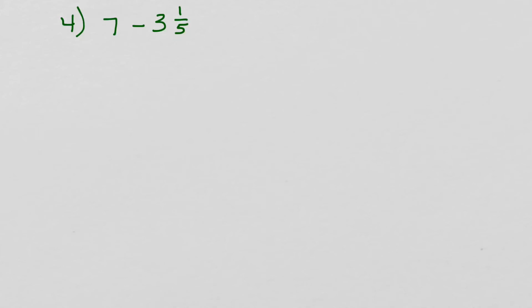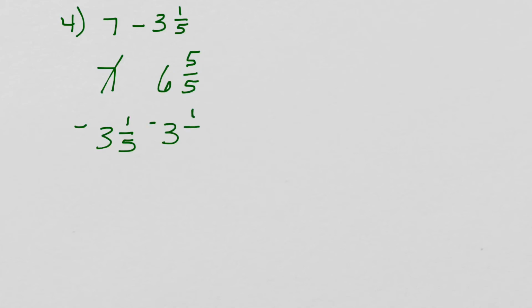Now to do this problem, 7 minus 3/5, there's 2 different ways of doing it. The first way is to do 7 minus 3 and 1/5, and that's to simply know that 7 can be rewritten as 6 and 5/5 minus 3 and 1/5. Now I chose to make this fifths because this was a 5. And I wanted to have my denominators already in common.